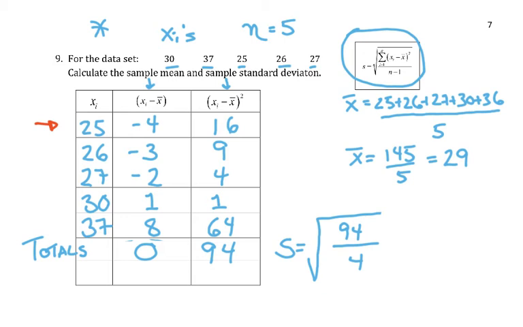And you should get 4.85 if you round to 2 decimal places. Okay, so that's the average distance from the mean, the standard deviation.